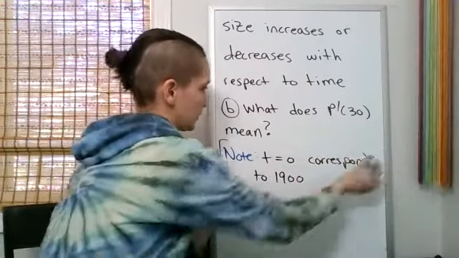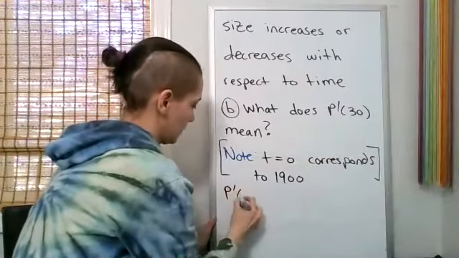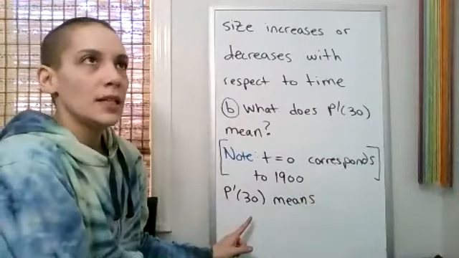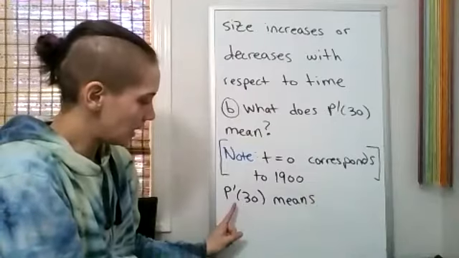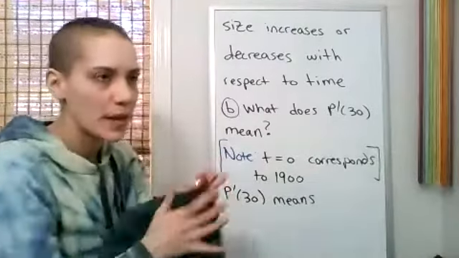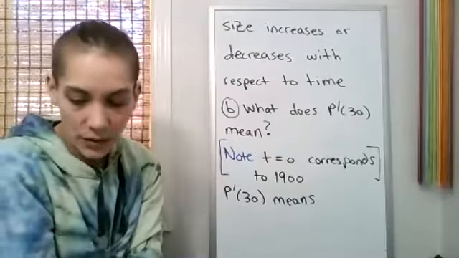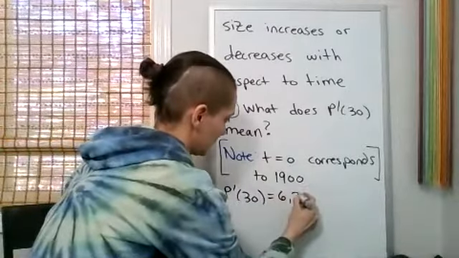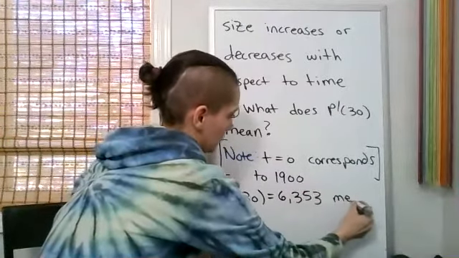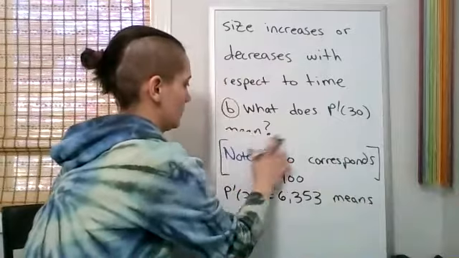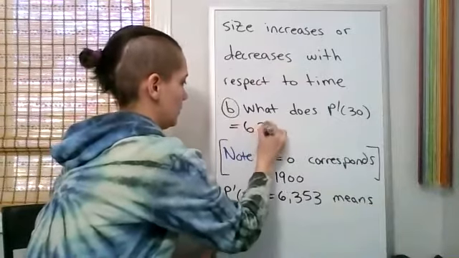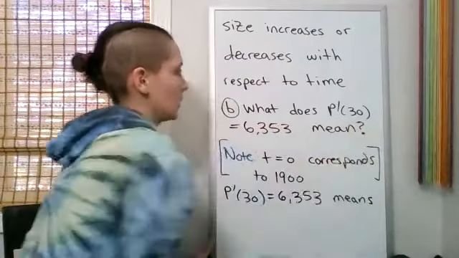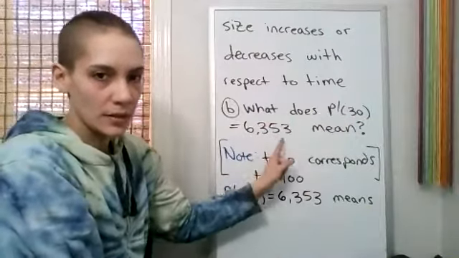P prime of 30 is equal to 6,353. Okay, so P prime of 30 is 6,353.